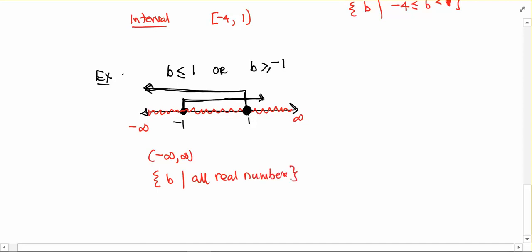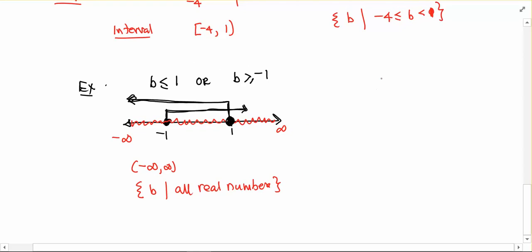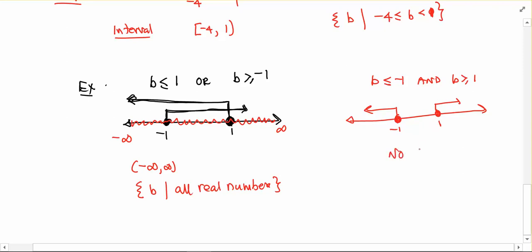And the other interesting thing is this one. What if it had been b less than or equal to -1 and b greater than or equal to 1? If we again graph this, here is -1, it's a closed circle, less than goes to the left. Here is +1, closed circle to the right, and remember AND is the overlapping region, and there is no overlap.